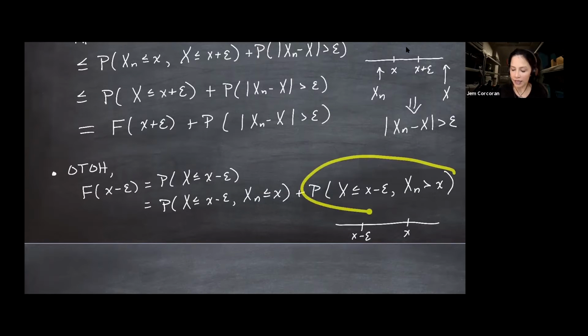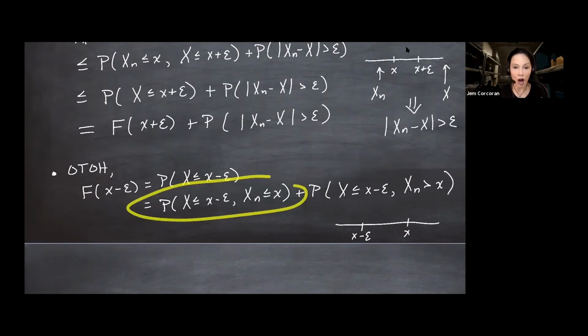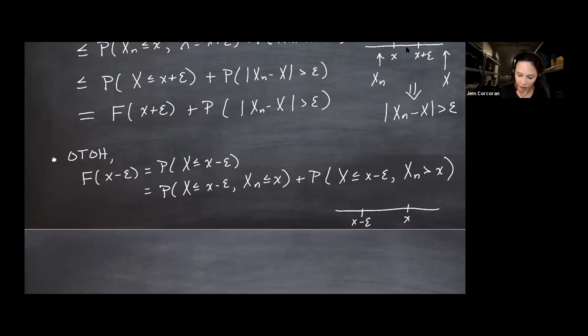So this guy is less than or equal to the probability of the same thing we saw before, that the distance between Xn and X is greater than epsilon. And then this guy, I'm going to drop one of them to get a larger probability. So overall, I've got this is less than or equal to the probability Xn is less than or equal to x, plus the probability that absolute Xn minus X is greater than epsilon.